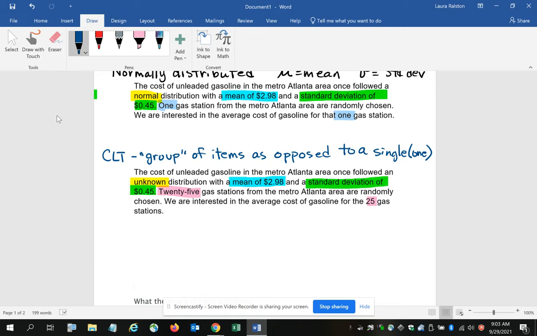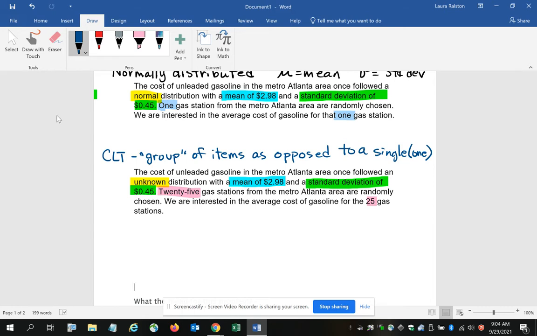The other is that we have an unknown distribution. But if you go back and look, one of the results of the central limit theorem is that we can have an unknown distribution, and if we take a sample that is large enough, and that depends, then that distribution becomes normal.